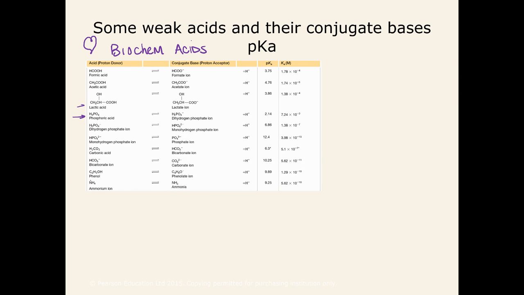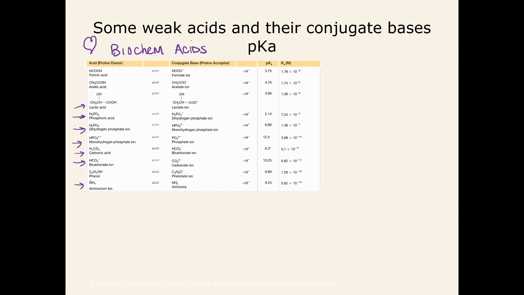Phosphoric, lactic acid, carbonic, ammonium ion. Okay, formic and acetic, I wouldn't say are as important in biochem, but I've highlighted all the ones there that are very common biochem acids.